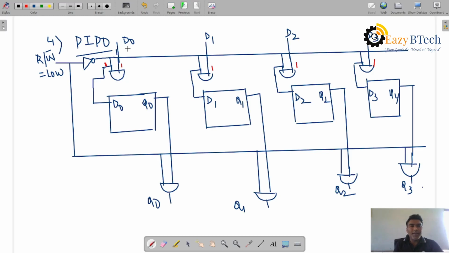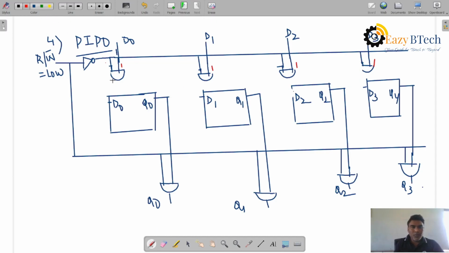Now, which allows the data. Let me take this one. Actually, you can directly connect this path to D2 and D3 from the AND gate output.